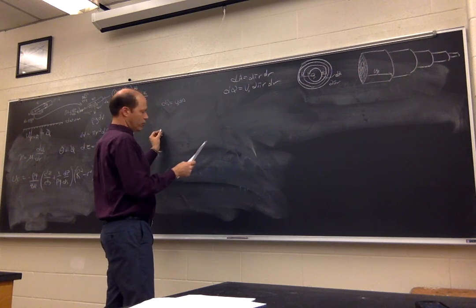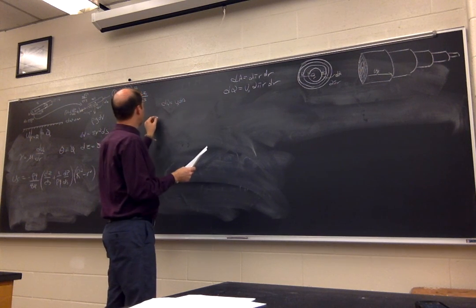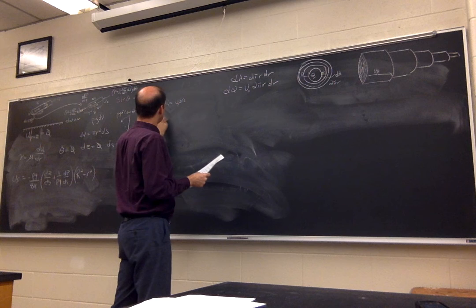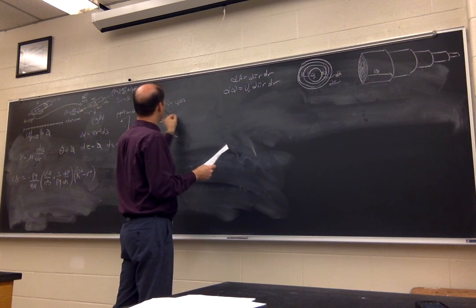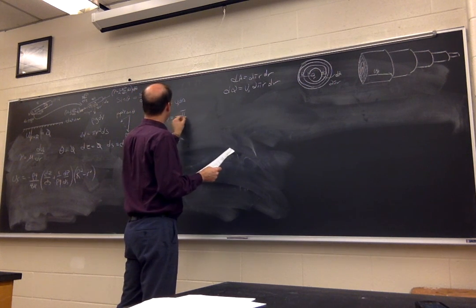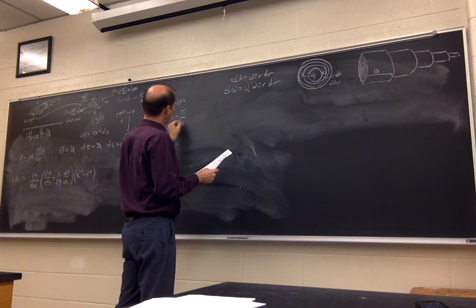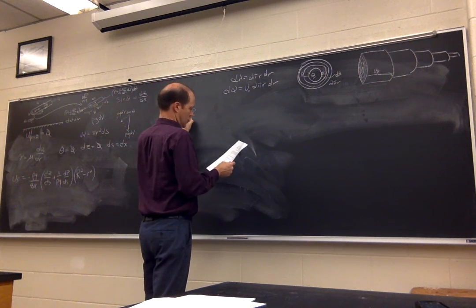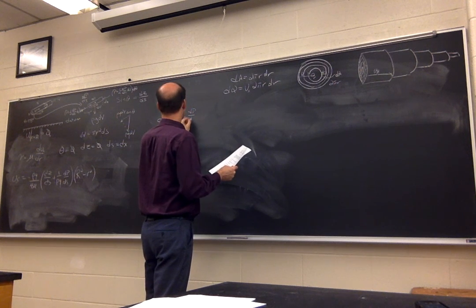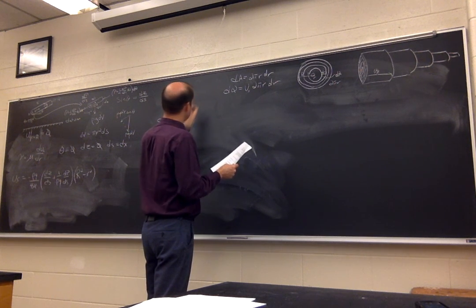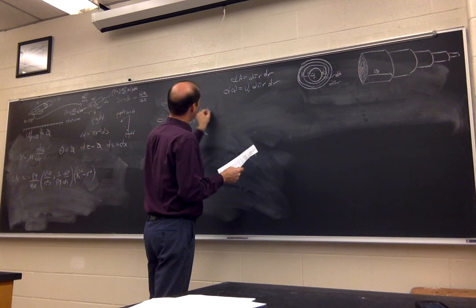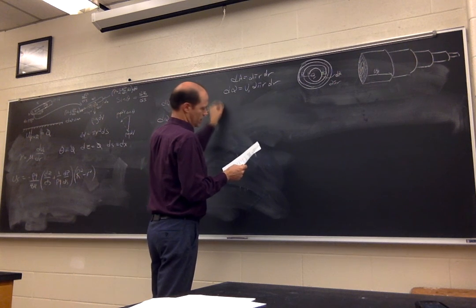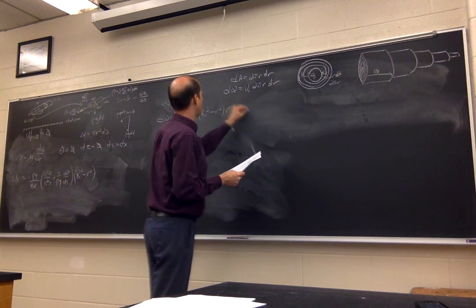So now we can write this out as dq equals minus pi over 2 mu dp dx times big R squared minus little r squared times r dr.